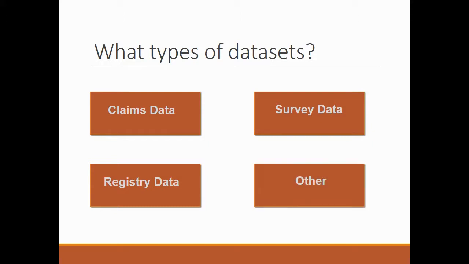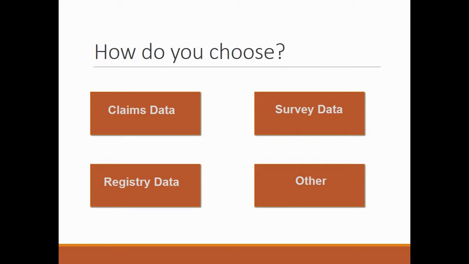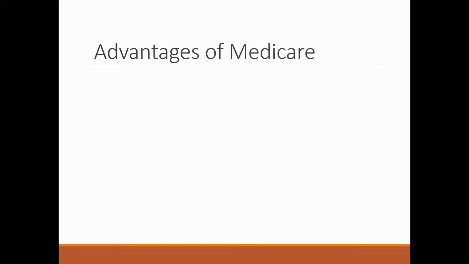And then finally, there are other types of data sets, state administrative data sets that a number of folks have used to do high-quality health services research. So how do you choose? And that really depends on the point of your study, what you're trying to look at, and an understanding of the benefits and limitations of each of these types of data sets.